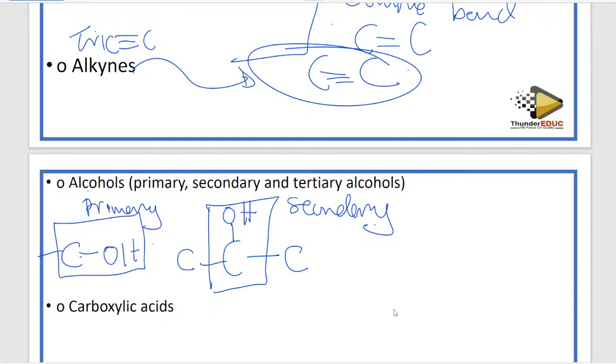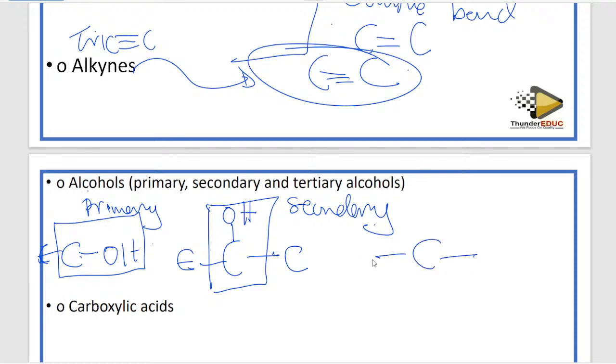Do you understand? It must click in your mind that when you say primary, it means level 1, one carbon atom attached. It's only one carbon atom this side. Secondary, level 2, 2 carbon atoms. I'll explain this in detail when you go to alcohol as a topic. Then you have tertiary. Tertiary means 3. Therefore, I'll write carbon.